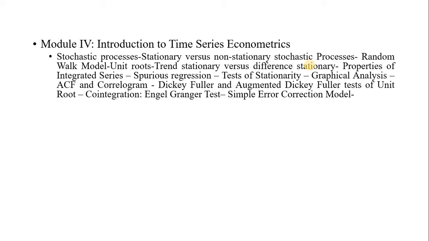If you are using cross-section data, you have to follow certain steps or methodologies. The similar methodology you cannot apply to time series due to the peculiar properties of time series data.